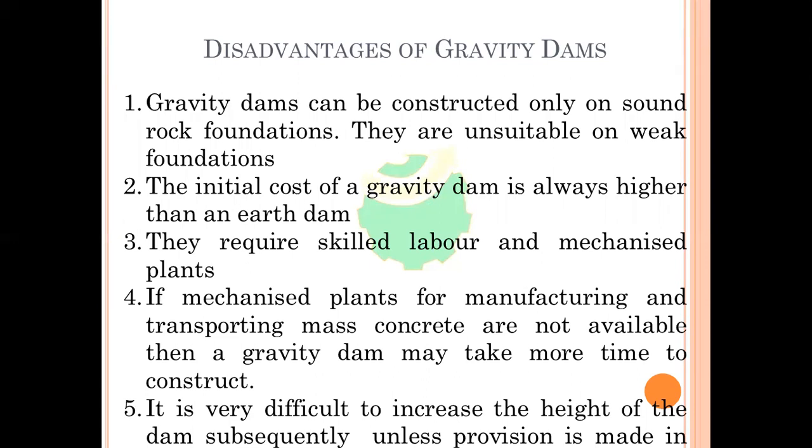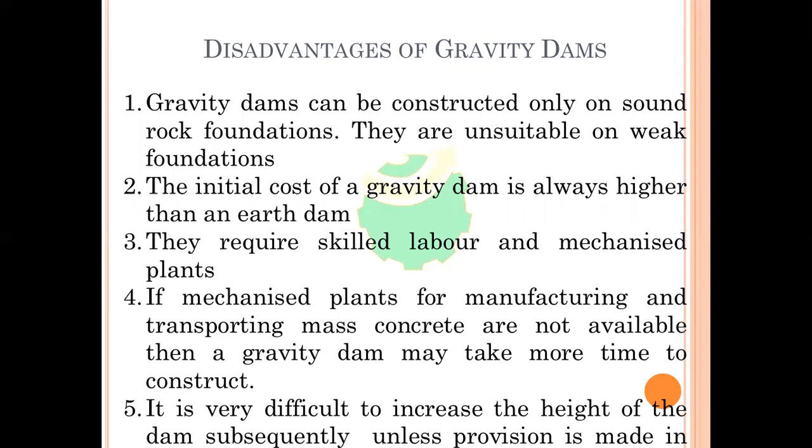They require skilled labor and mechanized plants. If mechanized plants for manufacturing and transporting mass concrete are not available, then a gravity dam may take more time to construct, and more cost also.